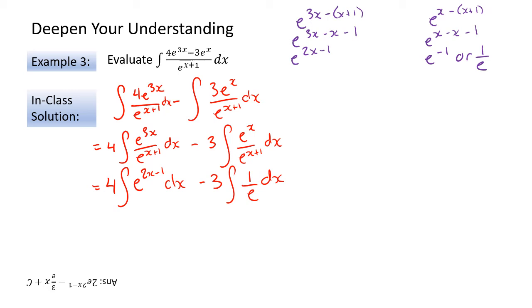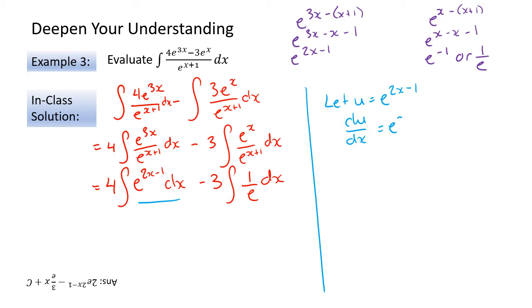So on this first integral, I'll do it in blue. I'm going to let u equal e to the 2x minus 1. So du by dx is e to the 2x minus 1 times the derivative of the exponent, which is simply 2. So now, solving for du, I'll multiply both sides by dx.